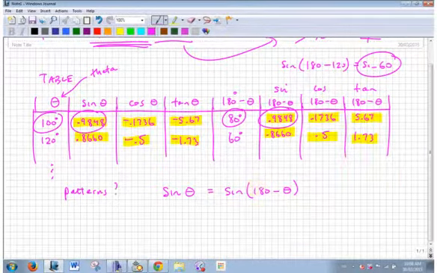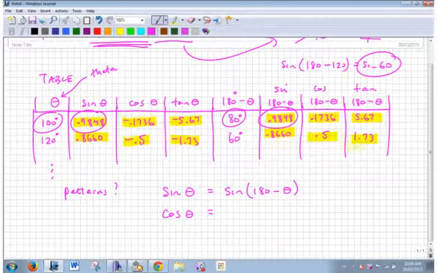You think that's going to work for 130 degrees? Think it's going to work for 160 degrees? Yeah, it does. Take my word for it. So that's the easy one. This one's just a little trickier, but you see the pattern. Cosine of theta.